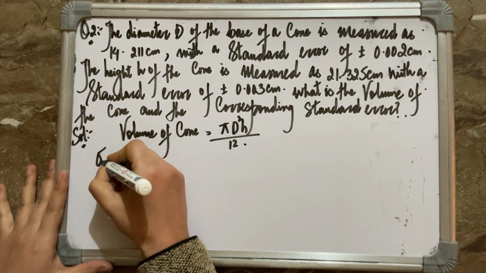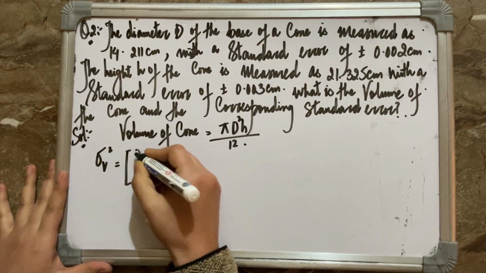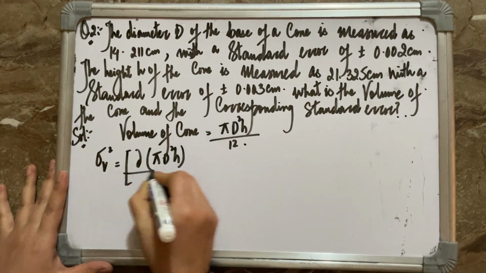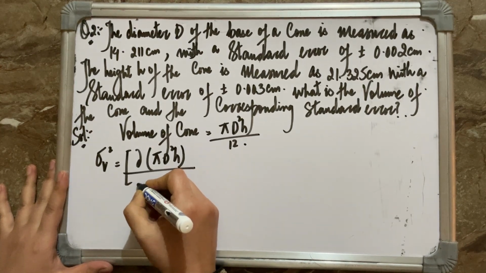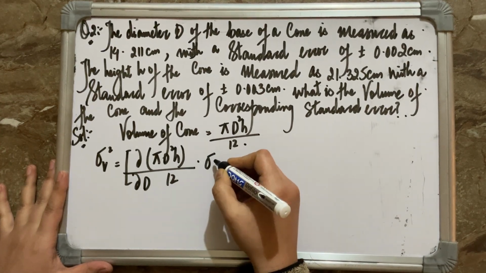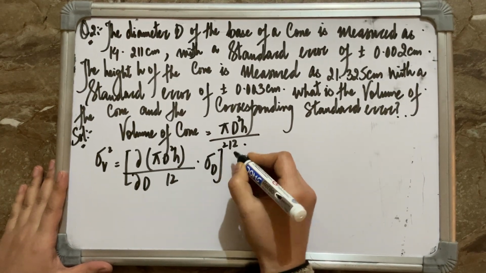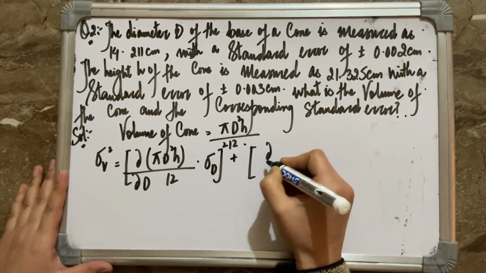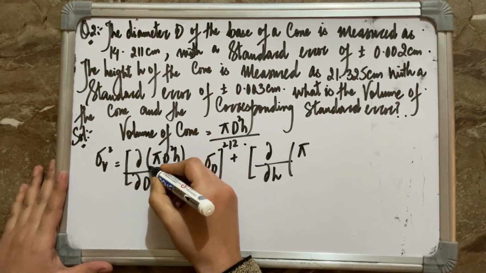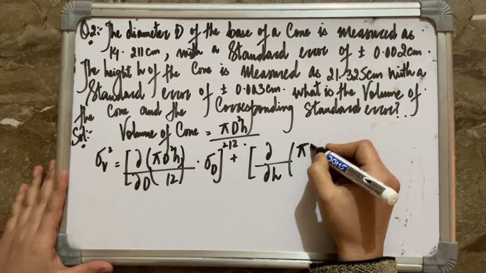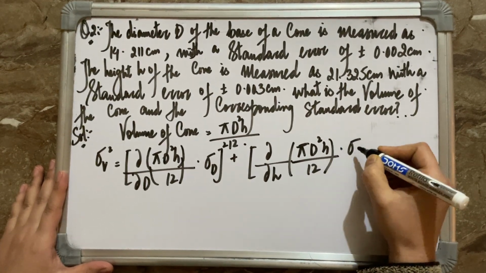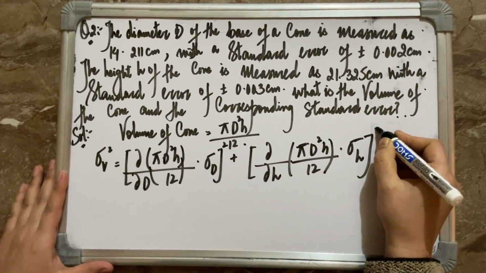So sigma v square is equal to the derivative of pi d square h by 12 with respect to d, times the standard error in d, squared, plus the derivative of pi d square h divided by 12 with respect to h, times the standard error in h, squared.